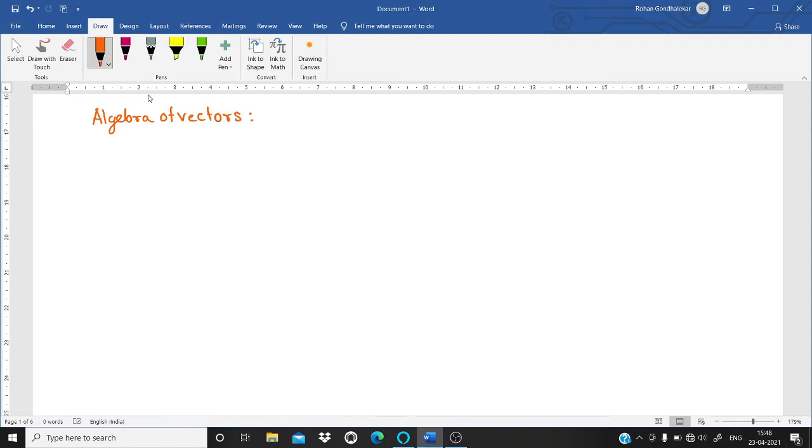So the algebra of the vectors, in which we have the addition or subtraction, even the multiplication by a scalar, the scalar product or say dot product, and the cross product. So these are the vector arithmetics, or we can say the algebra of the vectors.